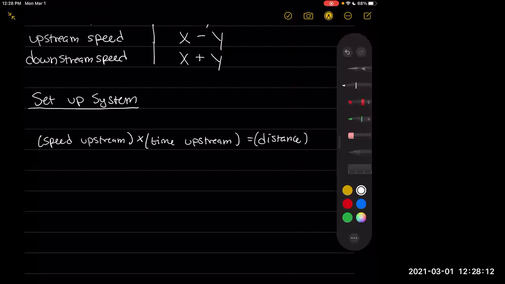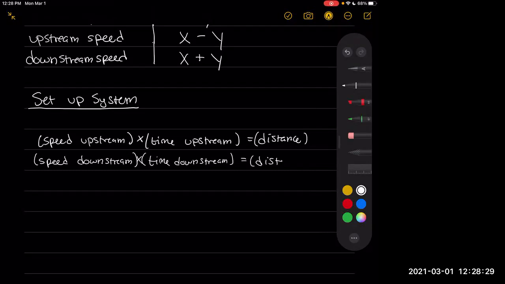And then our speed downstream times our time downstream. That's also going to give us the same distance, because distance is measured by speed times time.